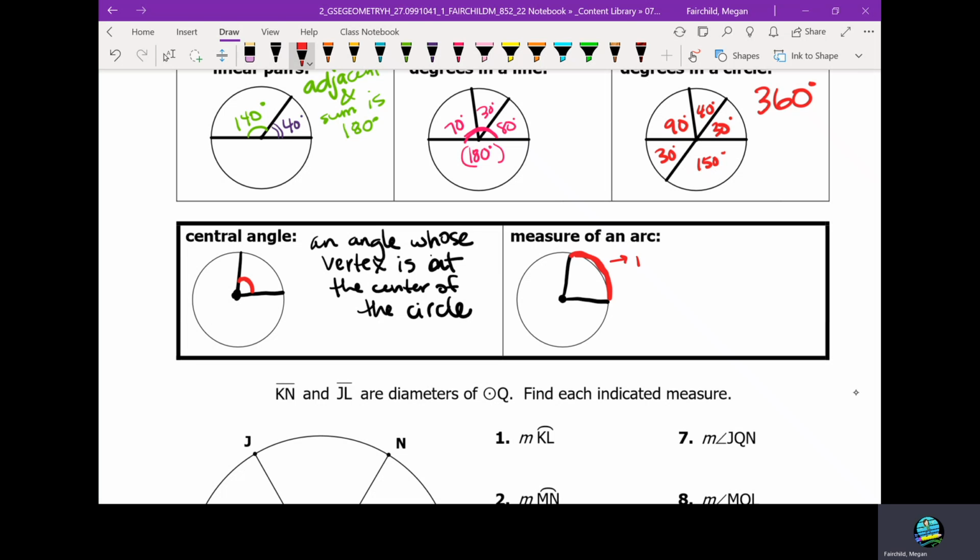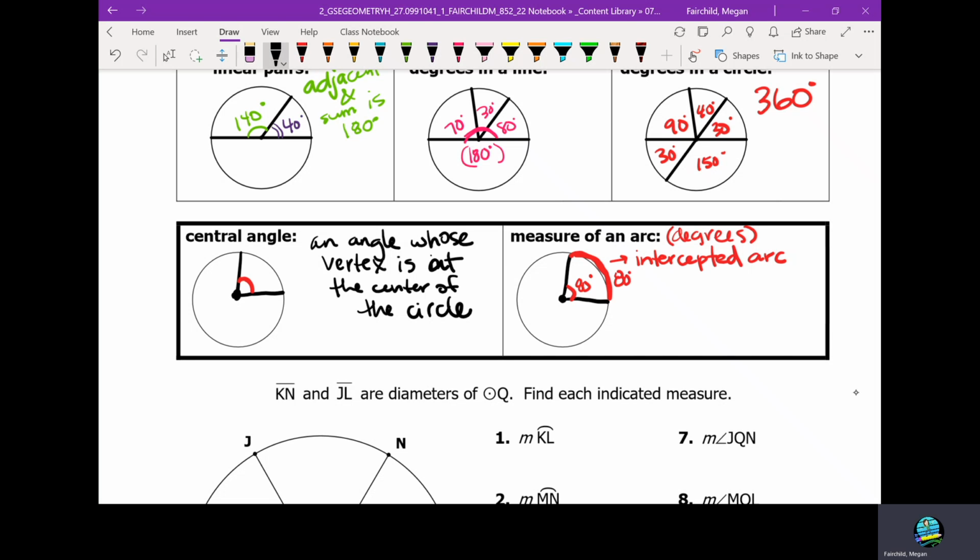This is called an intercepted arc because it's intercepted by the lines of that angle extended out, right? So we measure an arc also in degrees, just like we do an angle. So if the central angle is 80, then the arc measure is also 80.